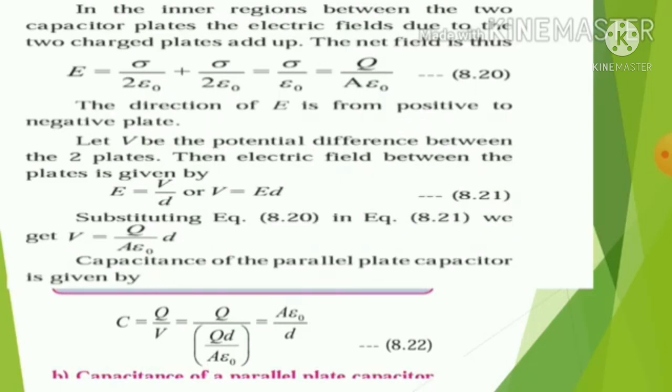The electric field between the two plates is given by a relation between three terms: electric field, potential difference, and the distance between the two plates, that is small d.